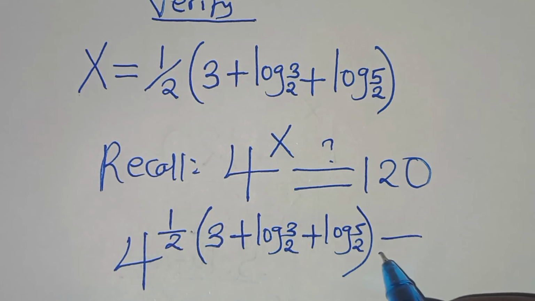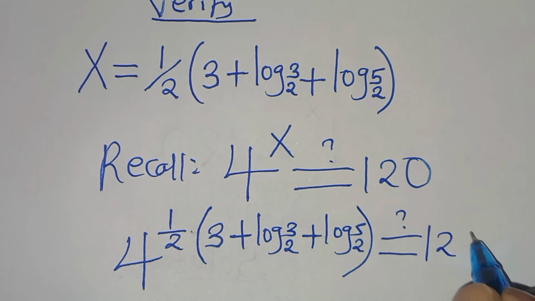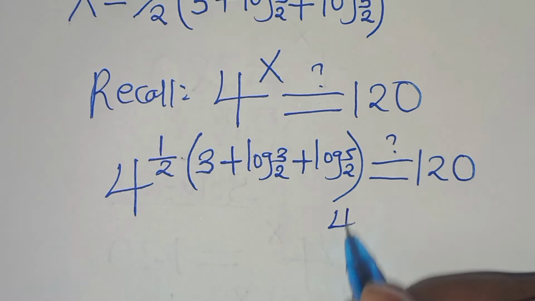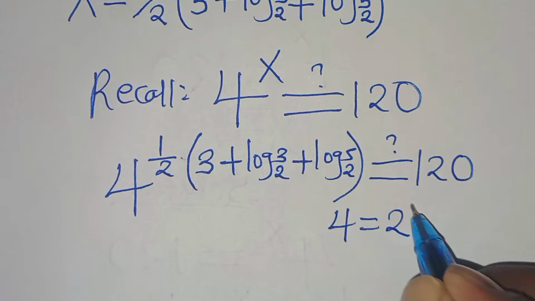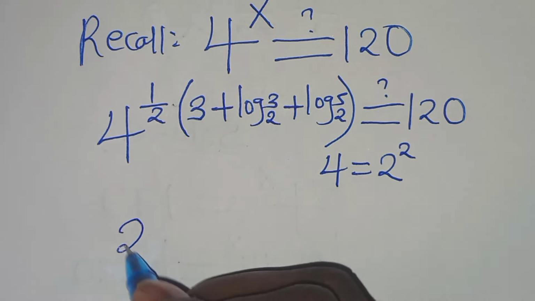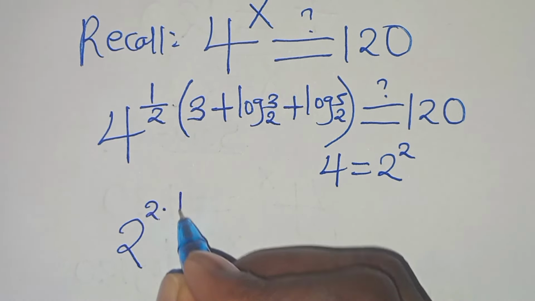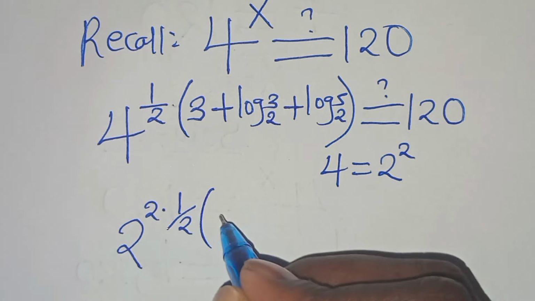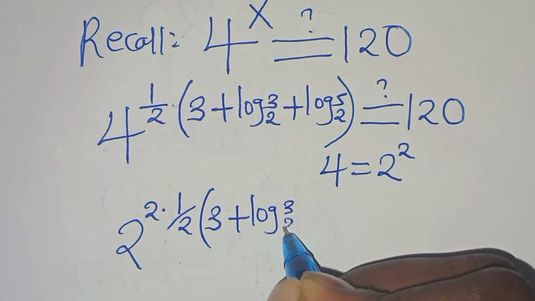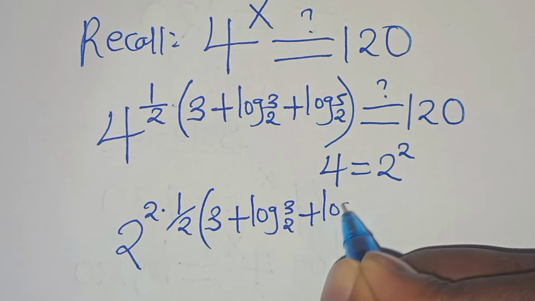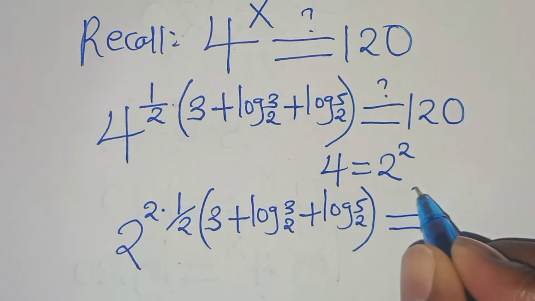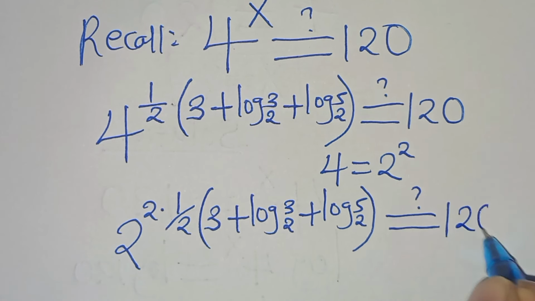This should give us a value of 120. The next step is that we can express 4 as 2 to the power of 2. So let's substitute this. We have 2 to the power of 2 multiplied by a half into the parentheses, 3 plus log 3 to base 2, then plus log 5 to base 2. This is supposed to give us a value of 120.